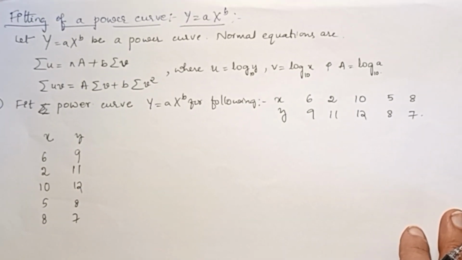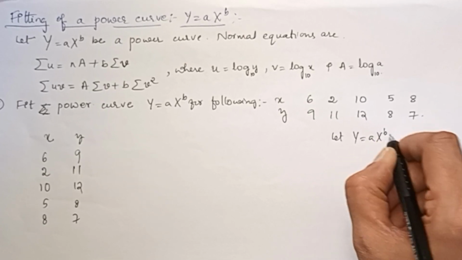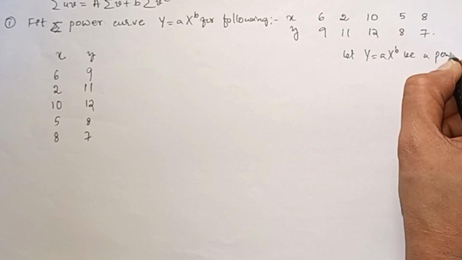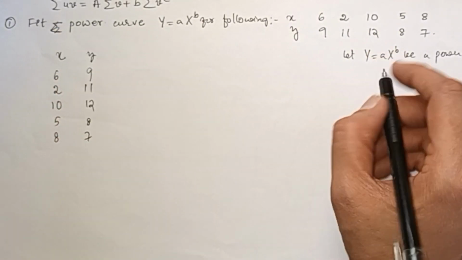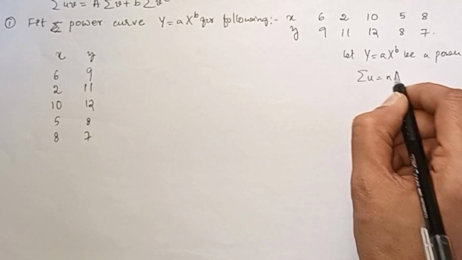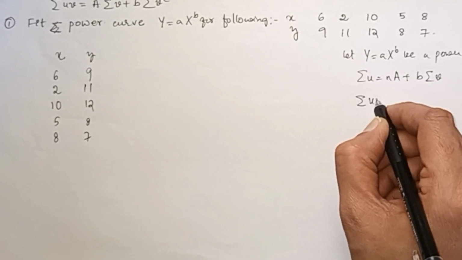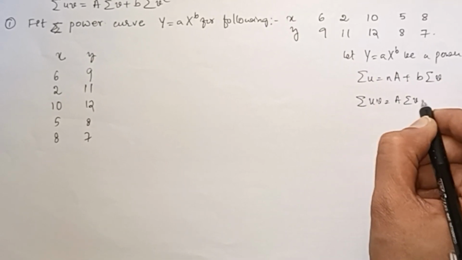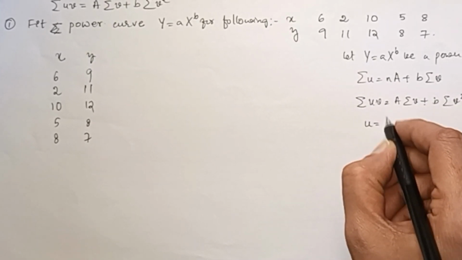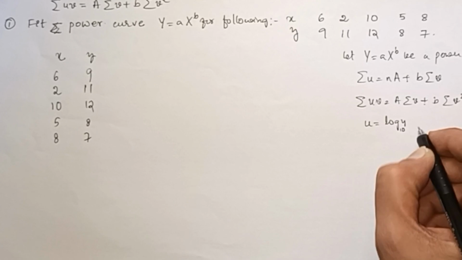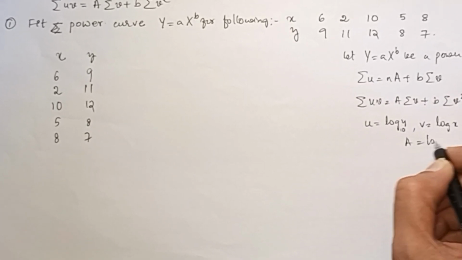Now, as per the formula, take y equal to a x to the power b, a power curve, and its normal equations are: summation u equal to N A plus B into sigma v, then sigma uv equal to A into sigma v plus B into sigma v square. Where u equal to log of y to the base 10, v equal to log of x, and A equal to log of a.